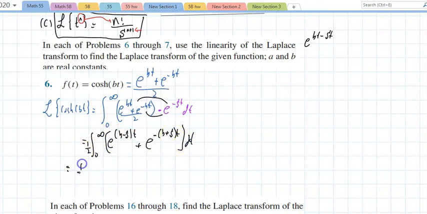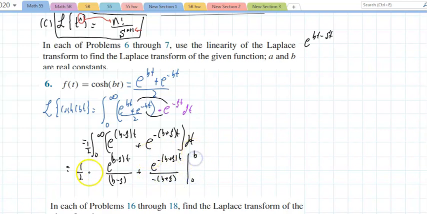So this is 1/2 times, when I integrate this, e to the negative b minus s t divided by b minus s, because as far as t is concerned, that's a constant, plus e to the negative b plus s t divided by negative b plus s, evaluated from 0 to b and taking the limit as b approaches infinity.